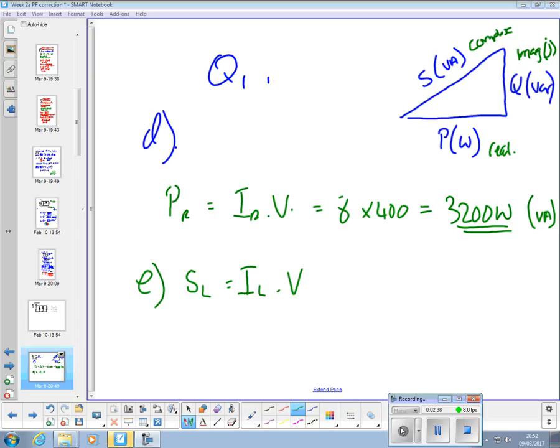What was the inductor current? I'm going to take the answers from the earlier part. 38.3 amps, angle minus 18 degrees? That's from the answer for the inductor. Is it 30.8?